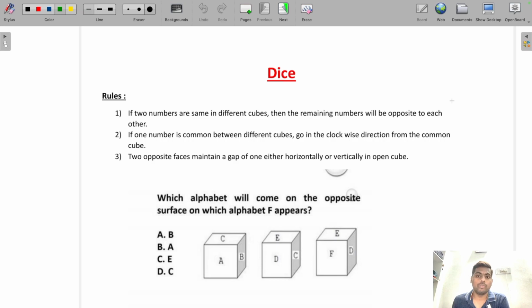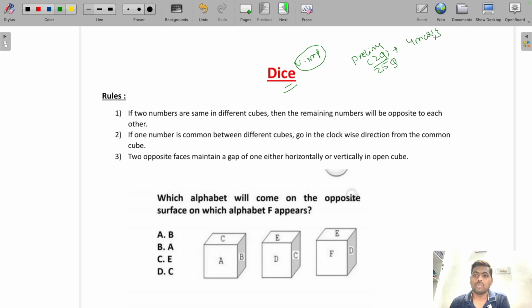So today we are going to discuss the dice topic. This is a very important topic. In prelims you can expect two questions out of 25 questions. Two questions means 4 marks.